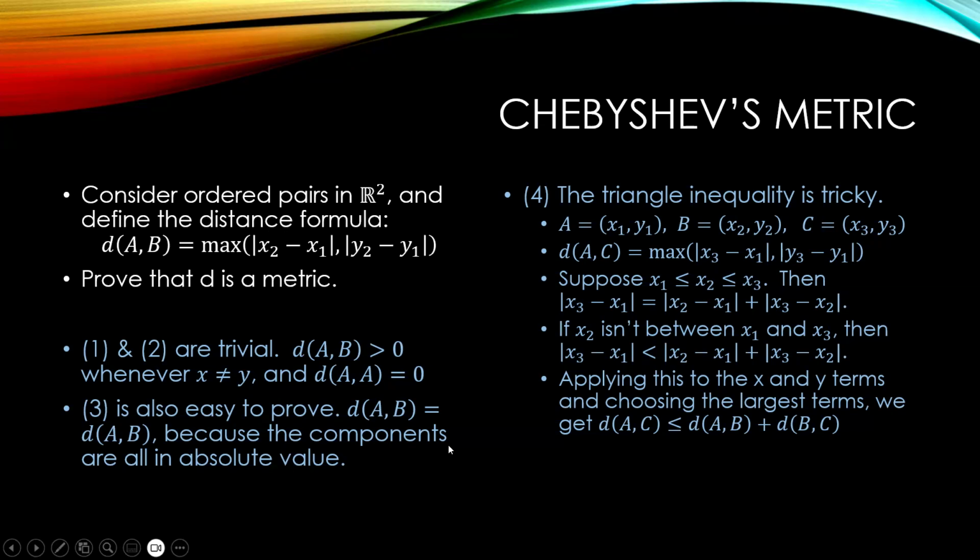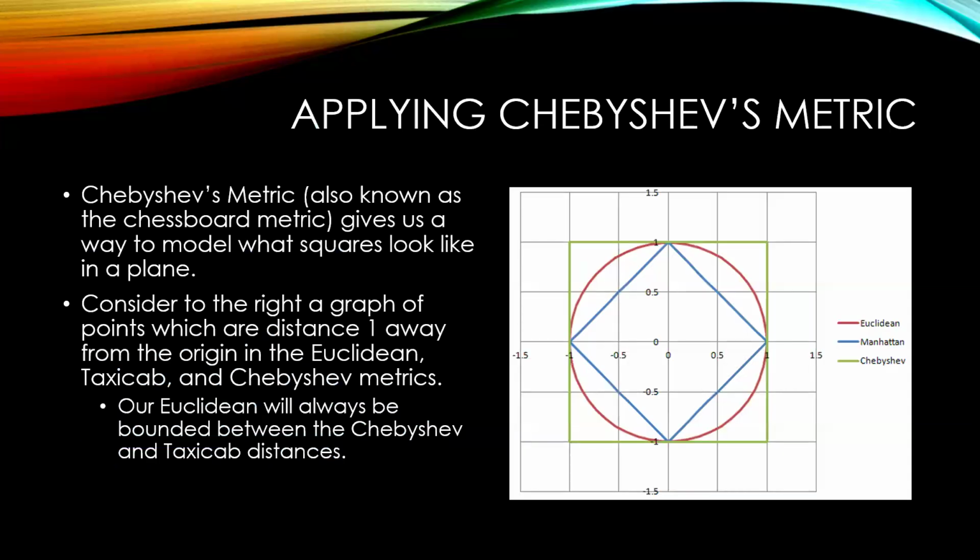Now what's the value of Chebyshev's metric? Well, there's a few important things that happen with it. One is sometimes the Euclidean metric might not be so nice. What we know about the Chebyshev metric and the Manhattan metric is that the Euclidean metric is always going to be between the two of them.